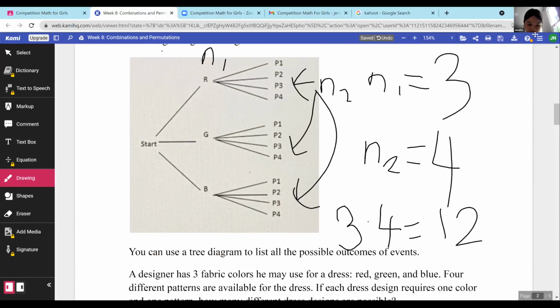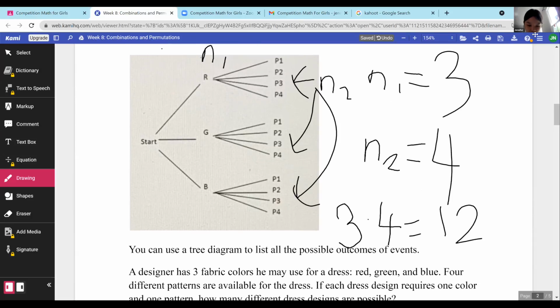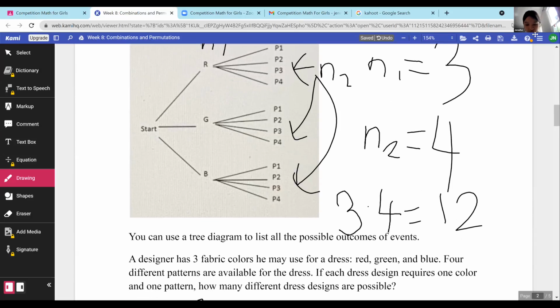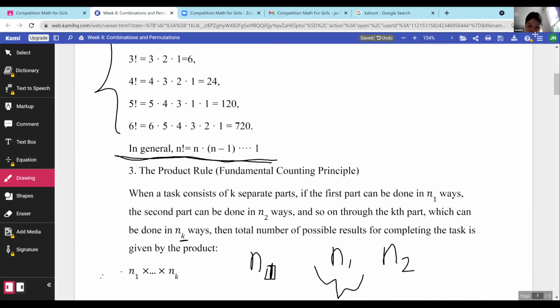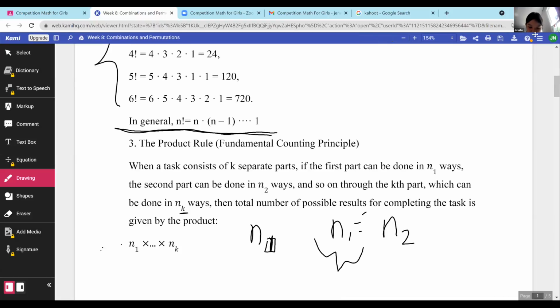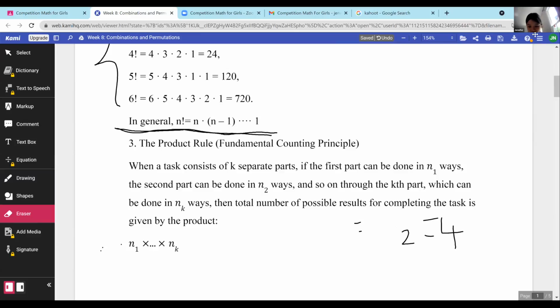If a designer has 3 fabric colors he may use for a dress, and 4 different patterns are available, then in that case, n1 is 3 and n2 is 4. I think that'll be more clear after we look at a problem.